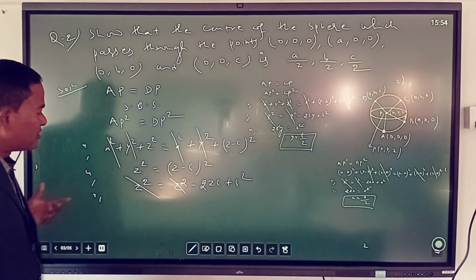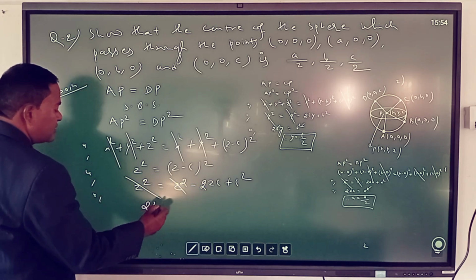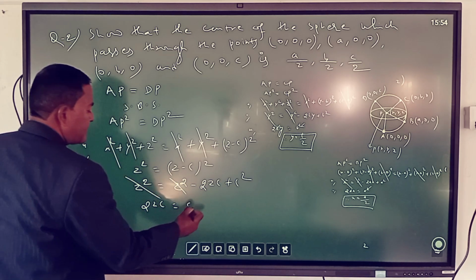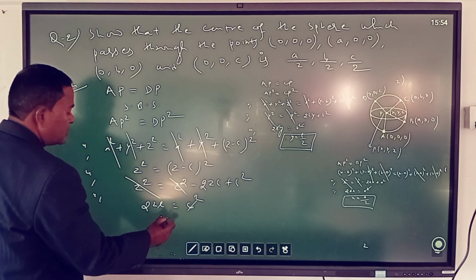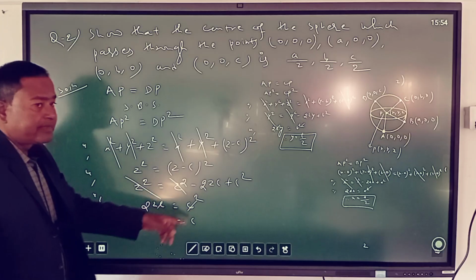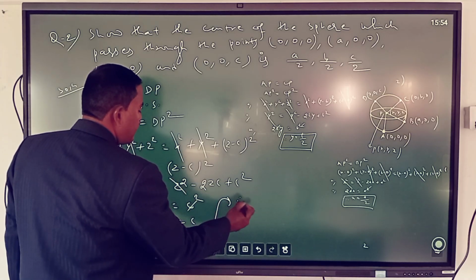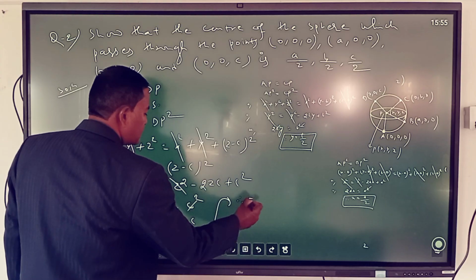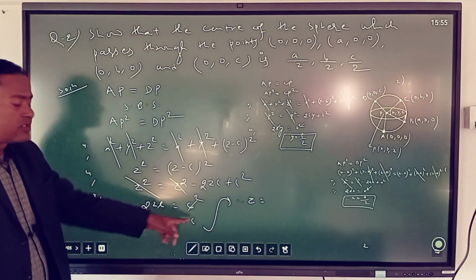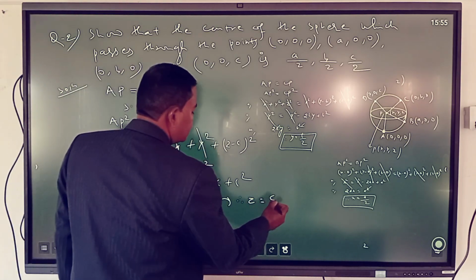Minus 2zc moving to left hand side, it will be plus 2zc, c square remains. Therefore z is equal to c divided by 2.